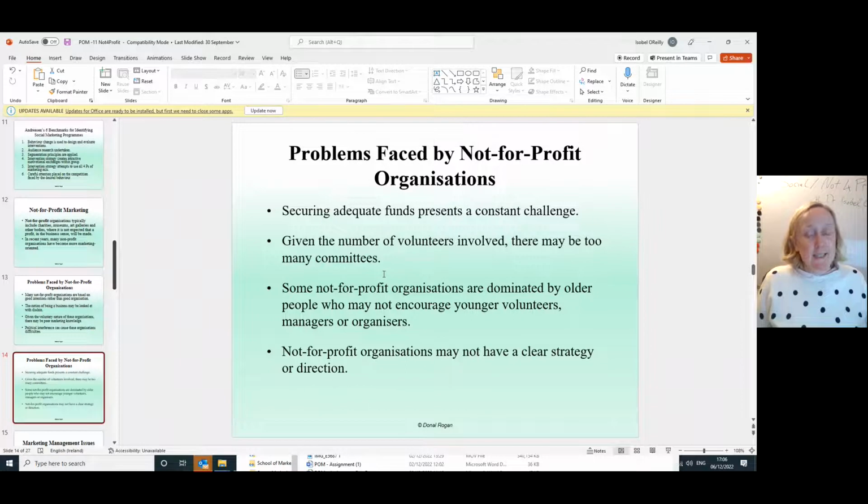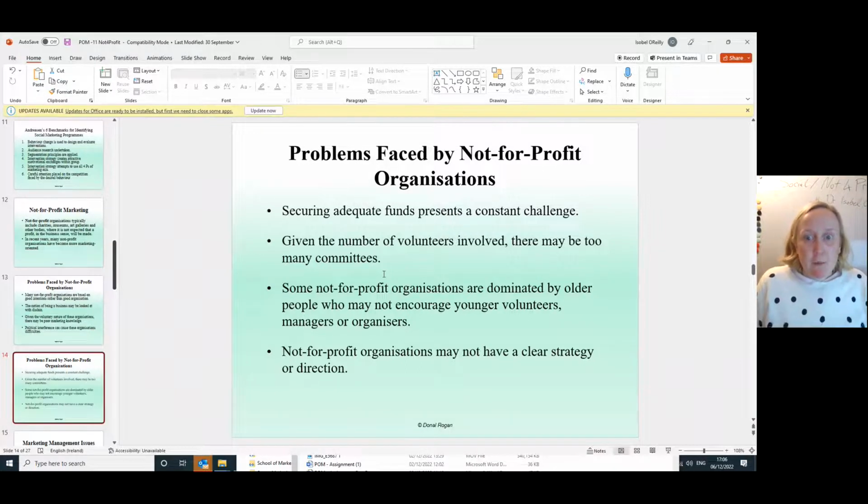And that isn't always a good thing. And so that kind of attitude can come in. So even when there are new and younger people coming in, they get hit with this wall of resistance to change and to move with the times in running things in a more efficient manner.